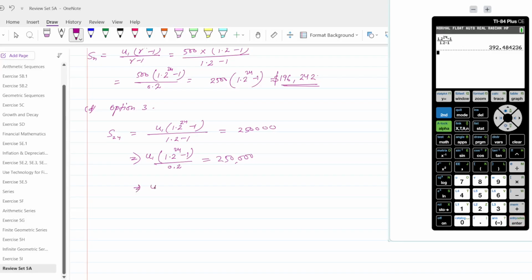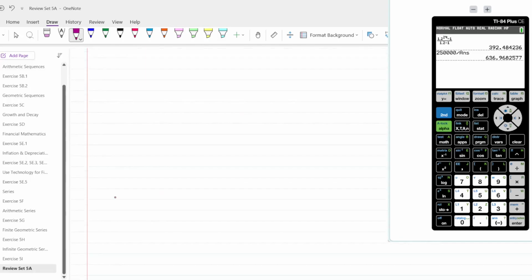So this number U1 is going to be 250,000 divided by the value we have got here, and that is going to be 250,000 divided by the answer. So it is 336.97 dollars. That's the answer. Let's go to the next problem.